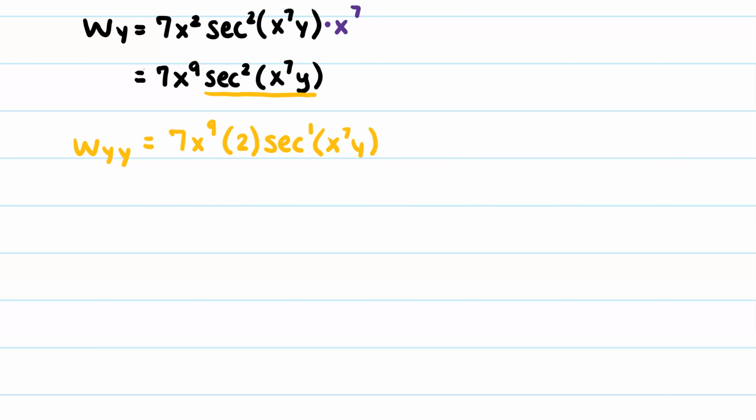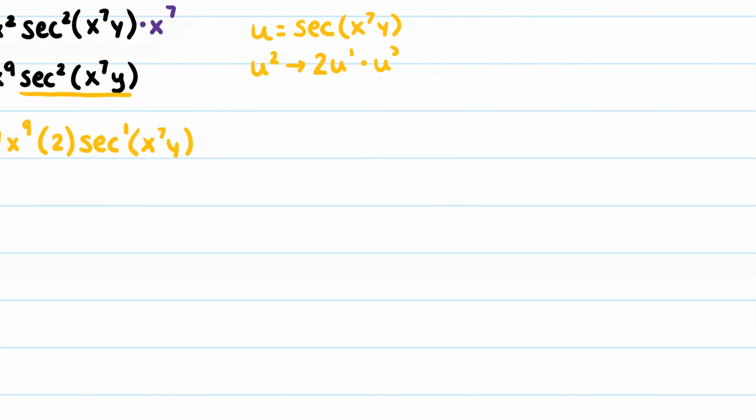But now, since the thing that was taken to a power, right, we can think of this as u equals secant of x to the 7y, we just did the derivative of u squared, which goes into 2u to the first, but then we have to times by u prime. So we're going to have to do u prime for this guy.